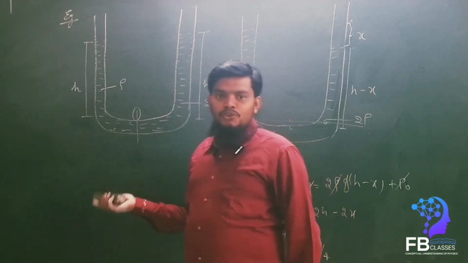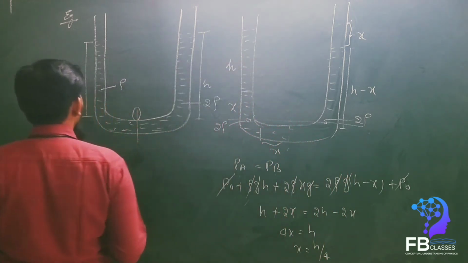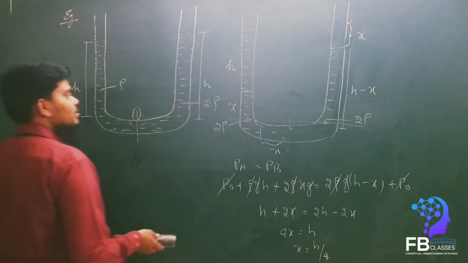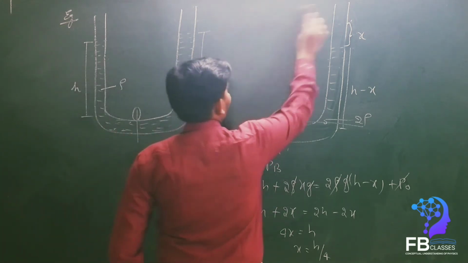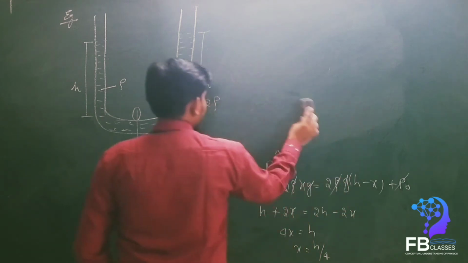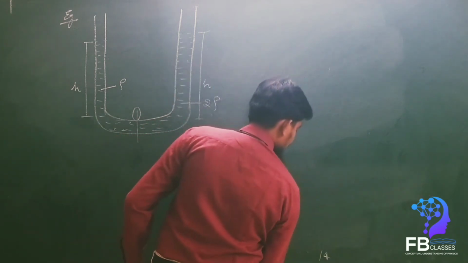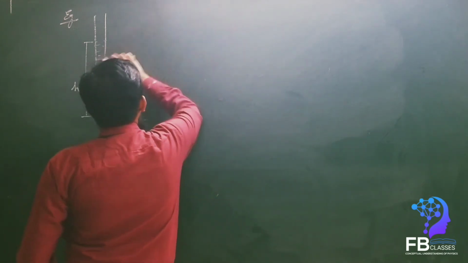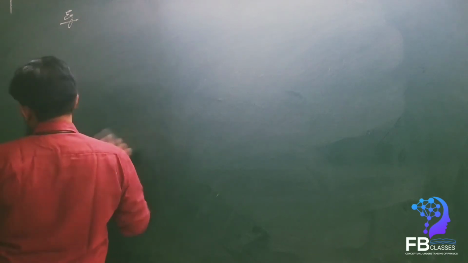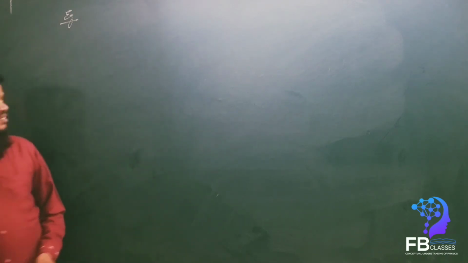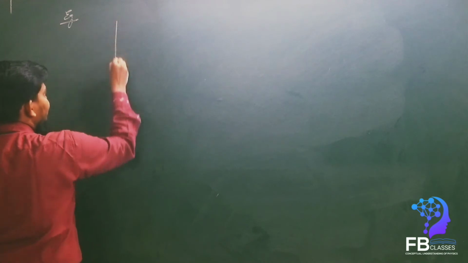Okay. If you want, we can take 3 liquids. Then also we can solve very easily. Let me see. I will take one example for 3 liquids, and we will be able to solve the problem. See here. Let's consider.